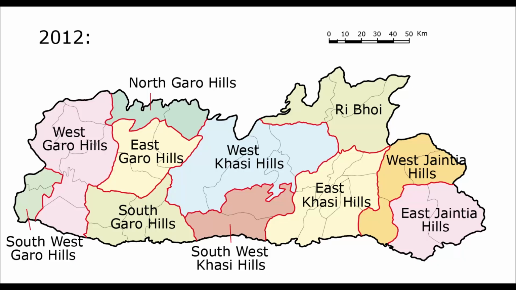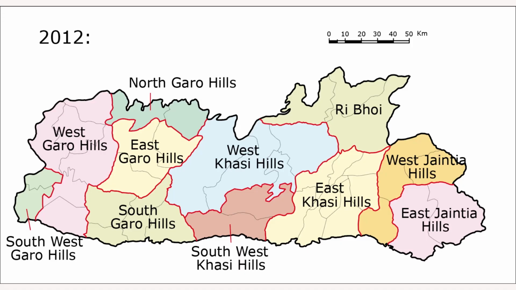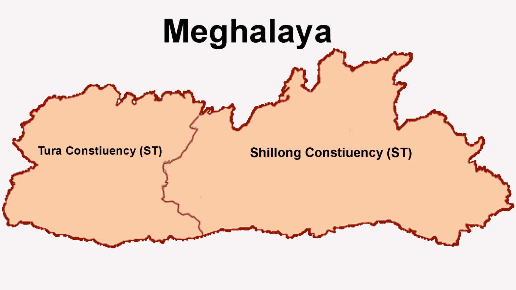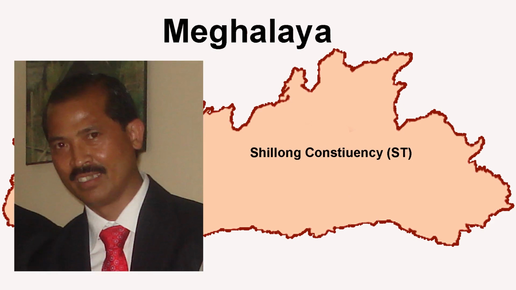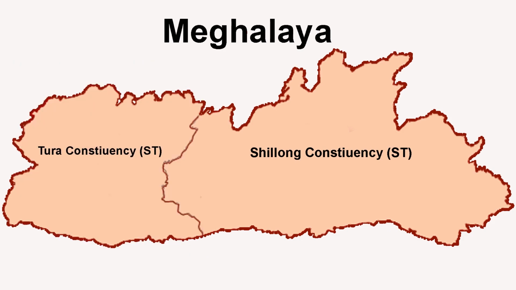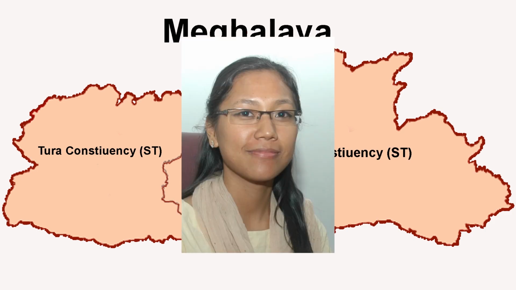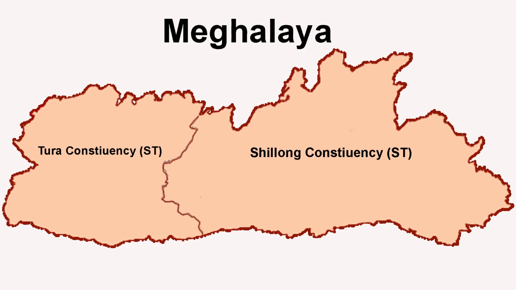For example, Meghalaya has two constituencies, namely Tura and Shillong. In the last general election, the people of Shillong constituency elected Mr. Vincent Pala as their MP to represent them in the Lok Sabha, the lower house of our parliament, and Ms. Agatha Sangma was elected to represent the people of Tura constituency as Member of Parliament.